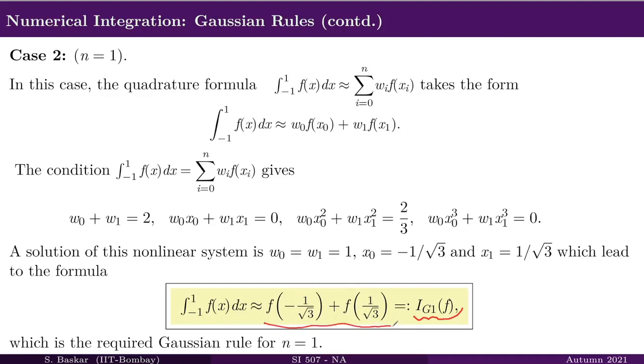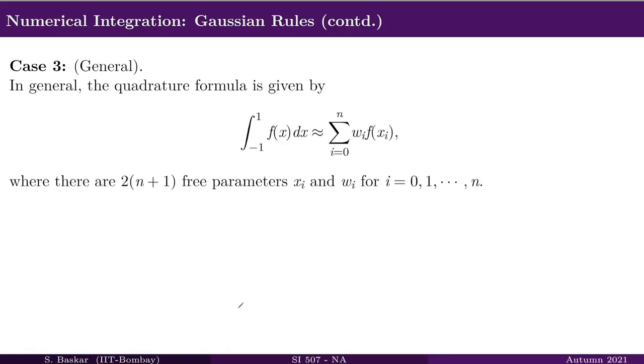That is the formula for the Gaussian quadrature rule with n equal to 1, and that is taken to be the approximate value of the integral from minus 1 to 1. Remember, it is not a general case, it is a particular case as far as the interval is concerned. It is the integral from minus 1 to 1 of f of x dx.